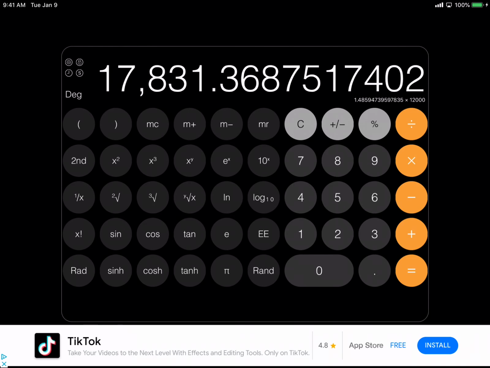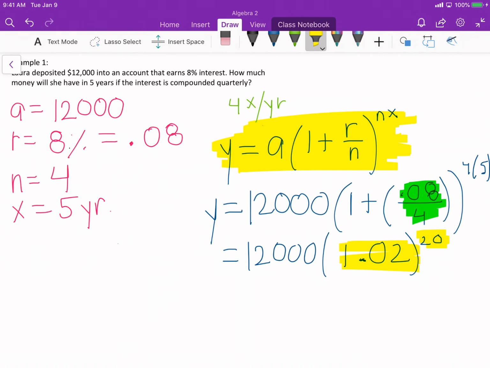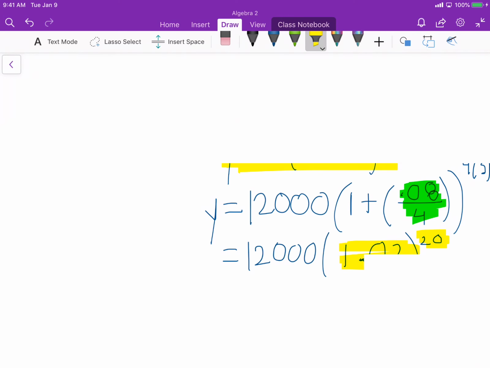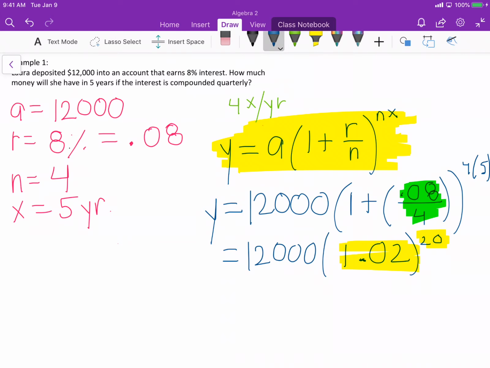Which is going to simplify down to approximately 17,831.37 if we round up there. So then all of this would simplify down to 17,831.37.